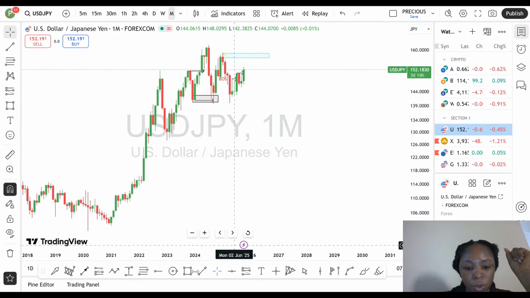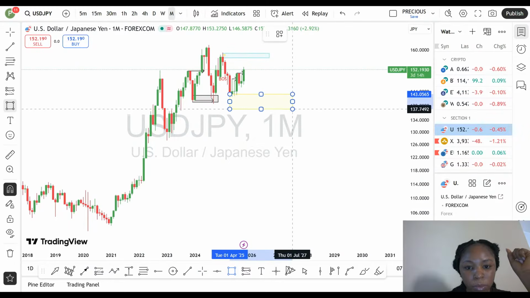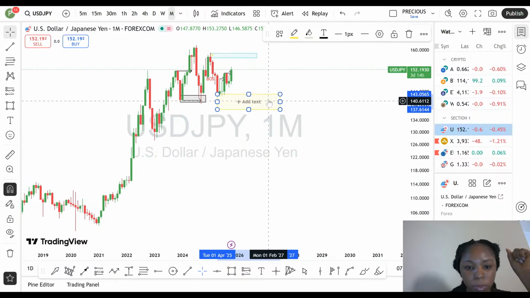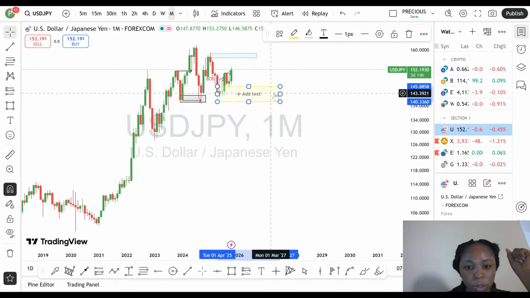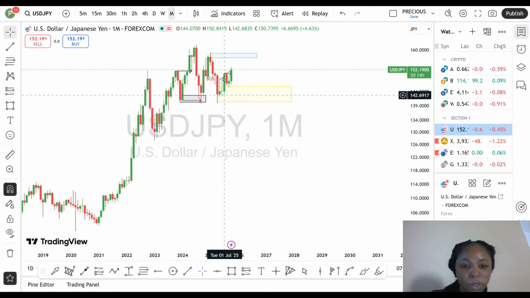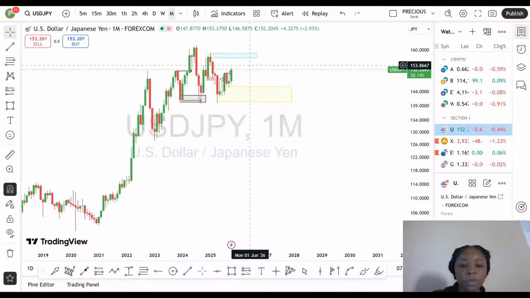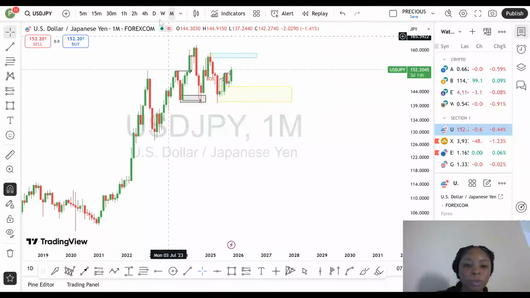I want to take my profit from here. This is where I want to take my profit from. And this is me being a little conservative, right? I want to sell all the way into this region to take my profit from.